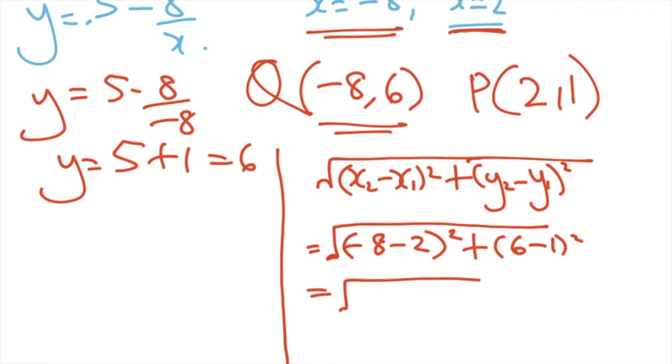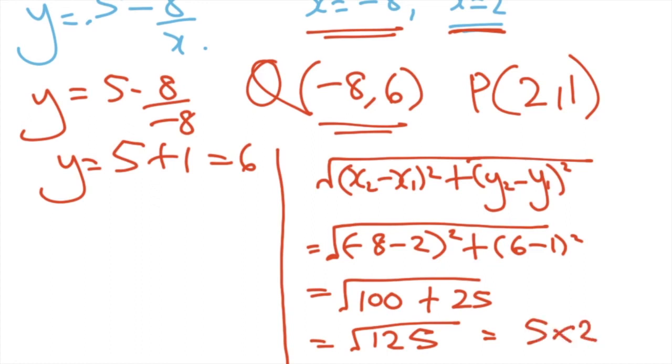So that is 100, because negative 8 minus 2 is minus 10, squared is 100, plus 6 minus 1, which is 5, squared is 25, so it is the square root of 125. This is the same as the square root of 5 times 25, and your answer should be 5 root 5.